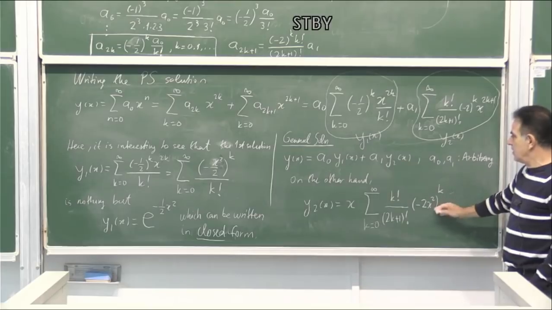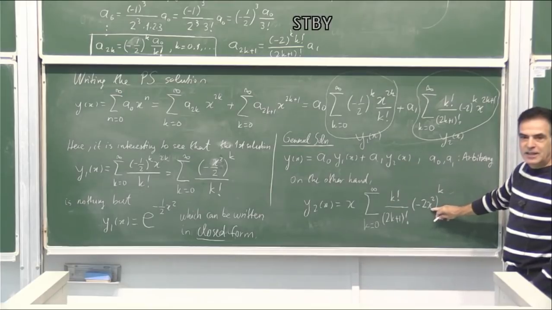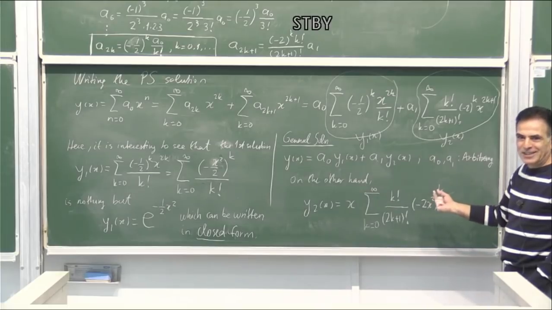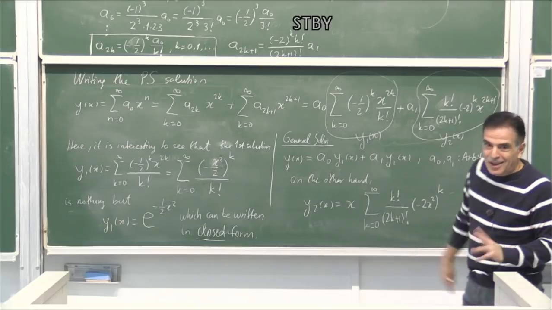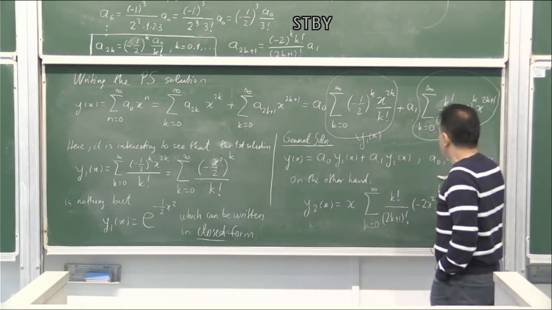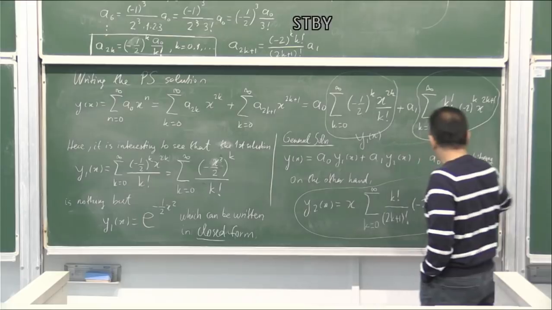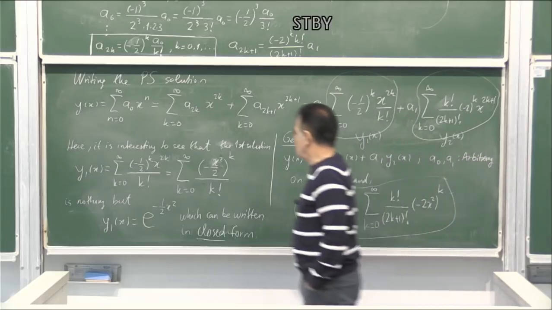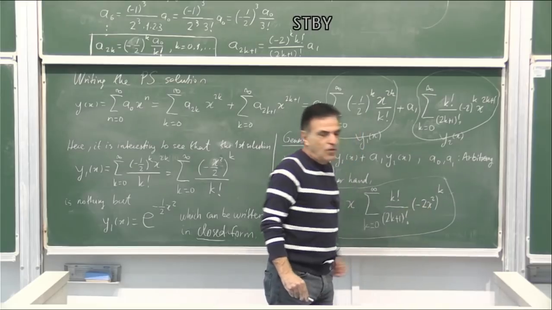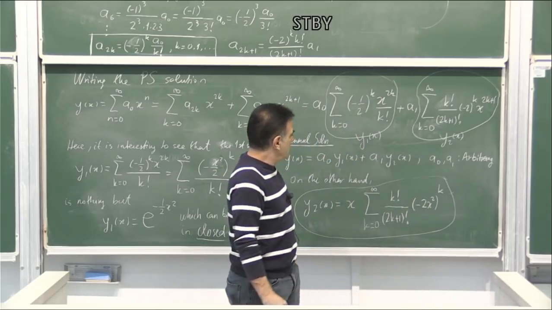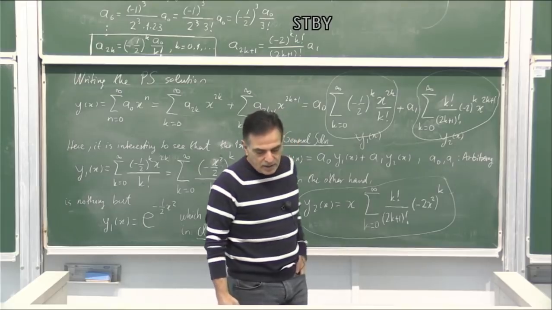I didn't recognize this as a series expansion of a known function. Perhaps it may be a combination of some functions, or I'm not sure. So the second solution is characterized in the power series form.